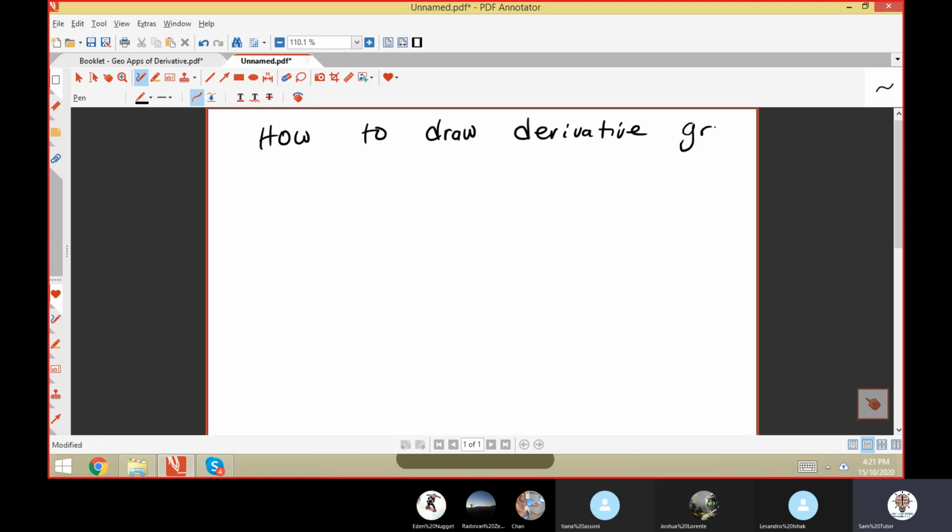Derivative graphs. And then we'll staple it.